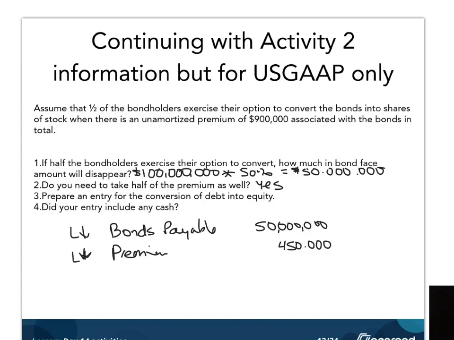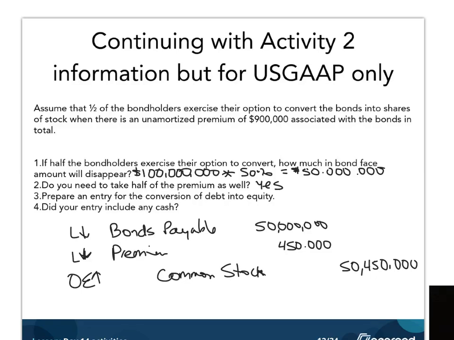So what happens, the people walk in with a bond, give it to the administrative executive, and the administrative executive turns around and gives them shares of stock. So what goes out the door is common stock is issued. That's making our common stock account higher. And it's going to be valued at the difference. Okay, so that is the entry.